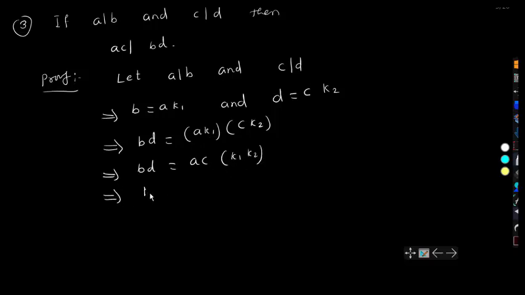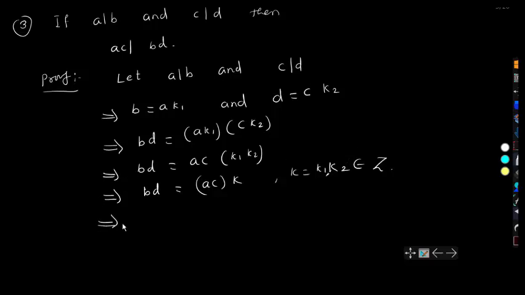This implies that BD is equal to AC K, where K is equal to K1 into K2. This belongs to Z. If two integers are K1 K2, then their product is again an integer.